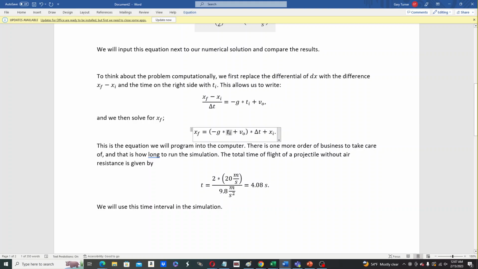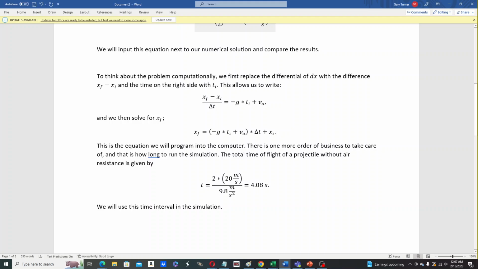I then compute this number using 9.8 times 0 plus 20 times 0.08 plus 0, and that will update my next value in my position array. And then this position becomes the input xi for the next position in the array. And I would then use the next time value in the array as well.